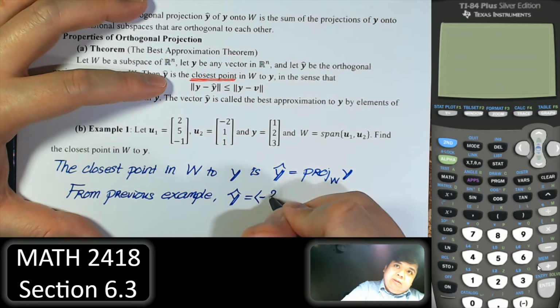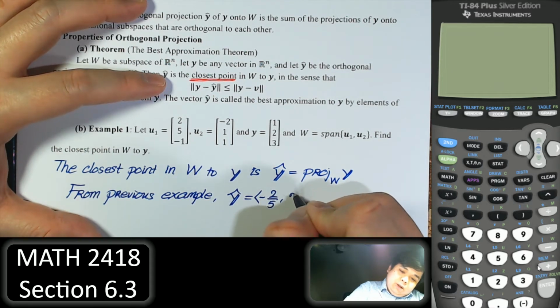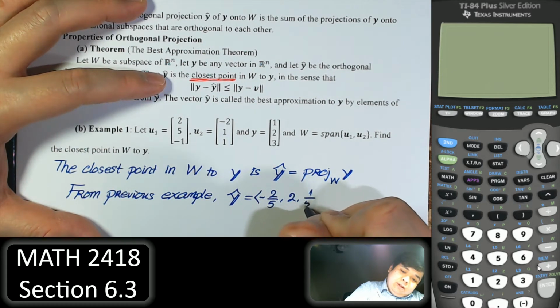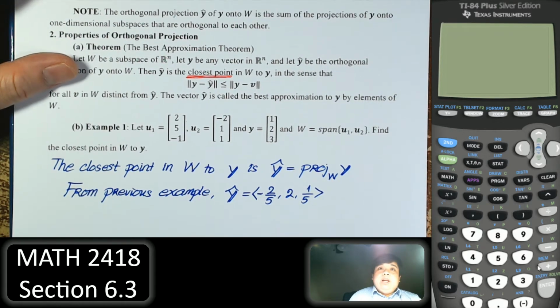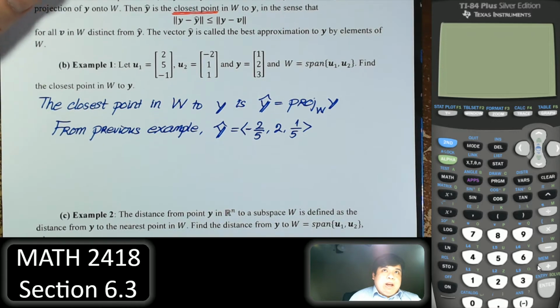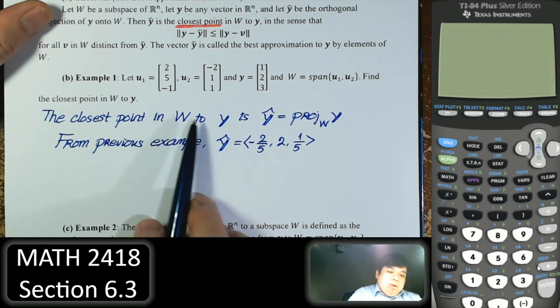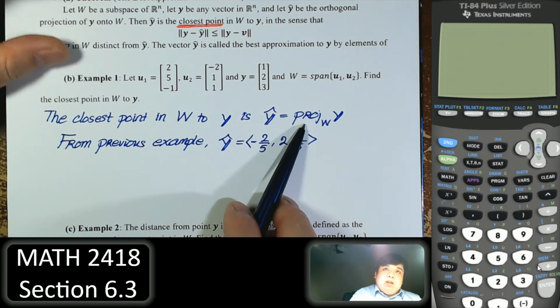Yeah. So we seem to have already done the calculation. So the closest point in W to y is y hat, the projection of y onto W.